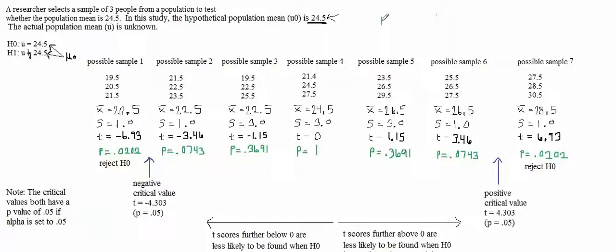Meaning, when the sample is random, the sample mean is likely to be close to the population mean and is less likely to be further away from the population mean.